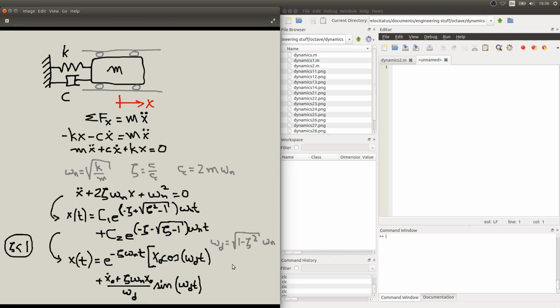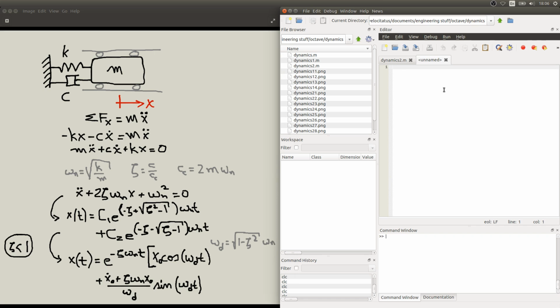And now we're going to have a separate function so we can choose which one of these three cases we are going to use, obviously depending on the value of zeta that we want to see the response for. So let's start simply by writing these three equations and then trying to see what we can do to choose which case we are on.